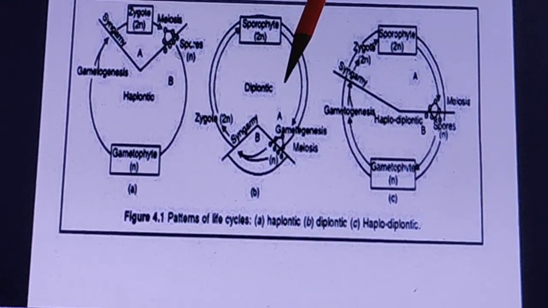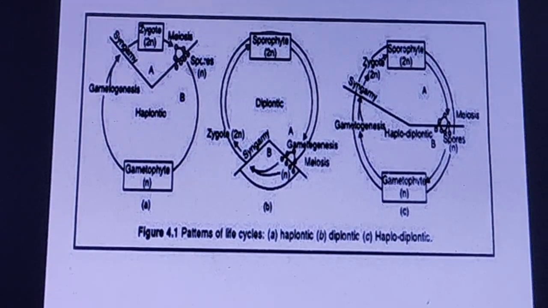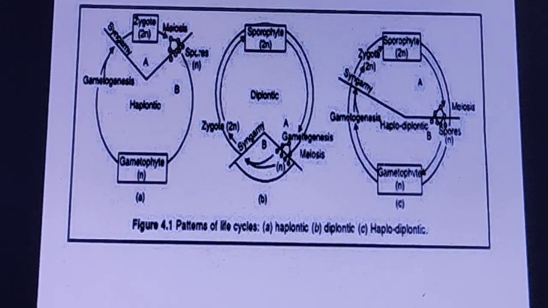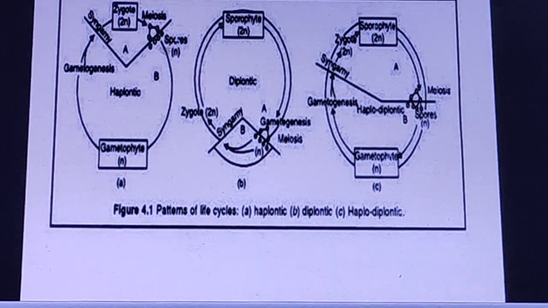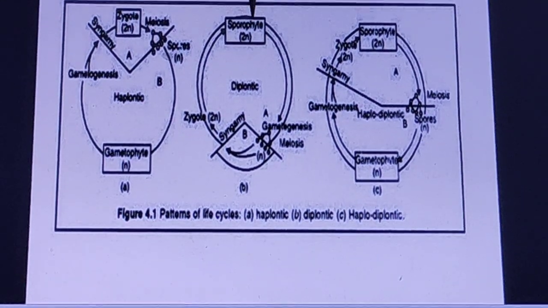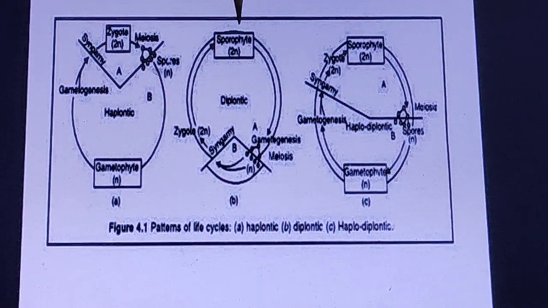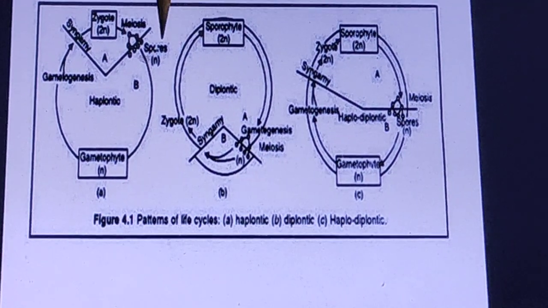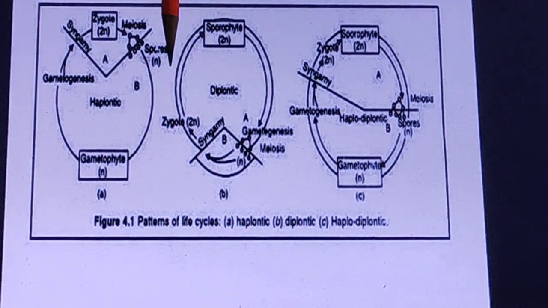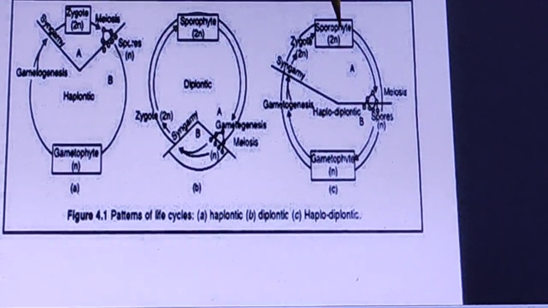So, in diplontic life cycle, zygote undergoes repeated mitotic division for the development of embryo which develops to sporophyte, or the main plant body, or the offspring. Right? So, what is the fate of zygote in diplontic life cycle? It undergoes mitosis.